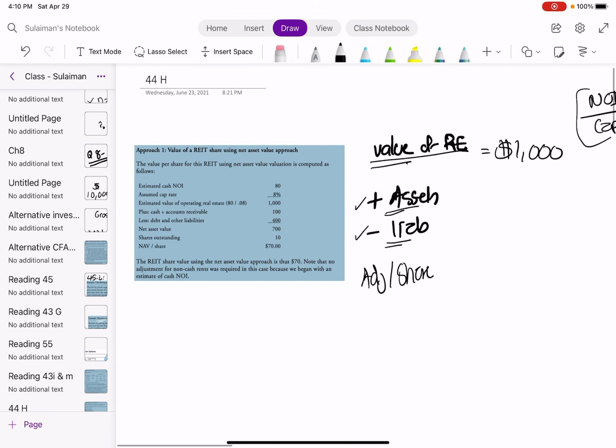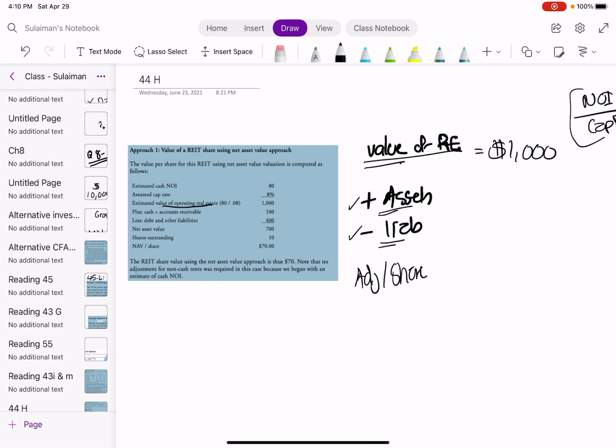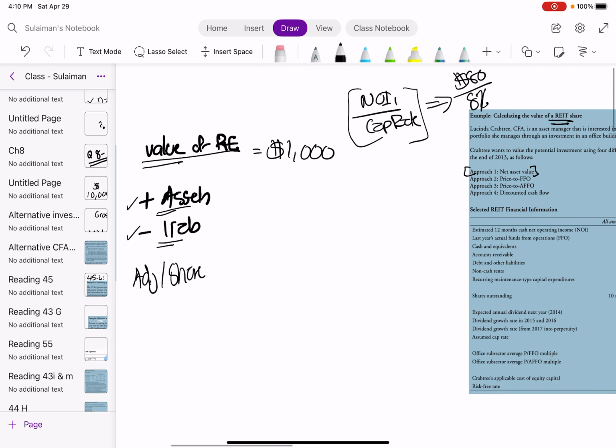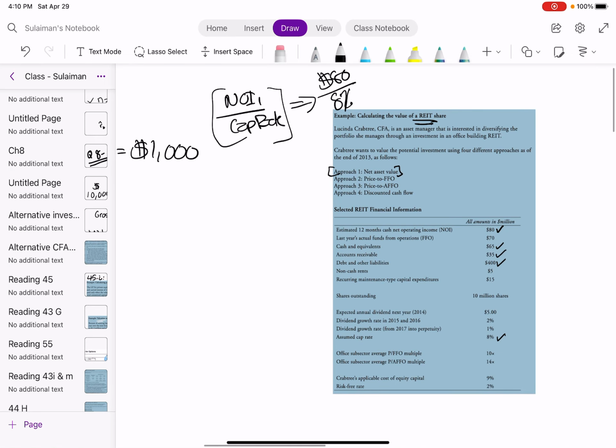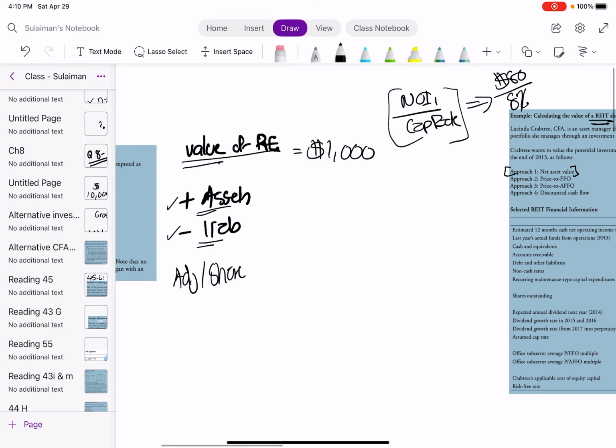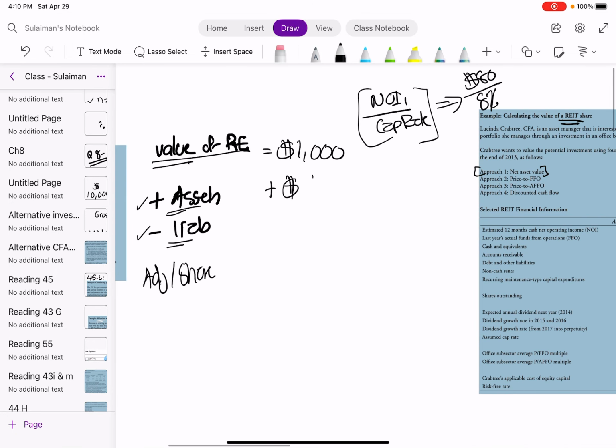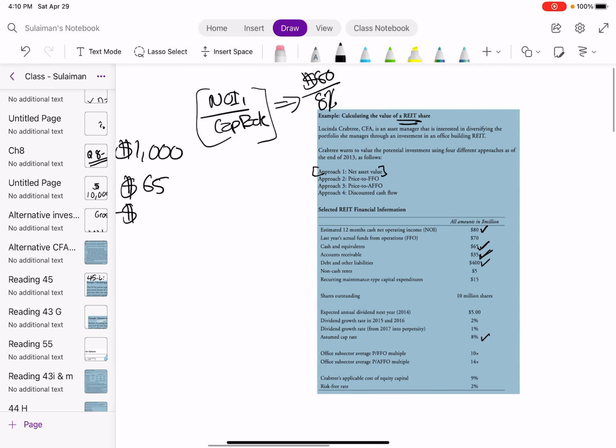Okay, so now we got the first number, which is the operating real estate value. Now, second part, we want to add all of the assets and remove all of the liabilities in this REIT. So what are the assets that we have? We have cash and cash equivalents, and we have accounts receivable. You add those 2 parts. How much is the cash? 65 million. How much is the accounts receivable?